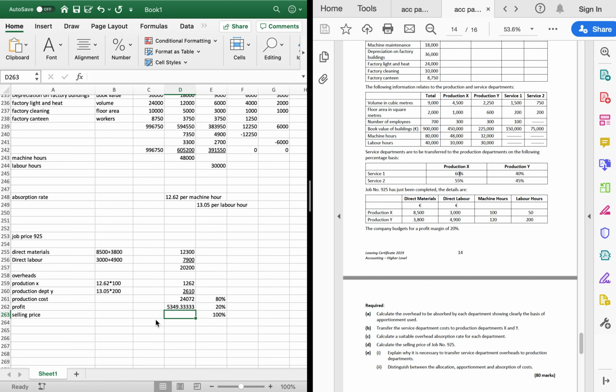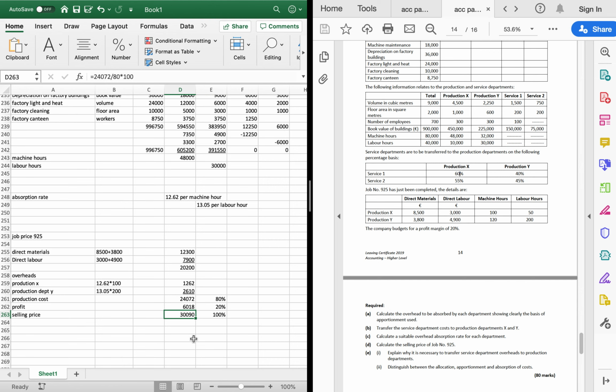24,072 divided by 80 multiplied by 100 will give you 30,090. Those numbers have to be wrong. So 24,072 divided by 80, that should be 6018 after correcting a typo.